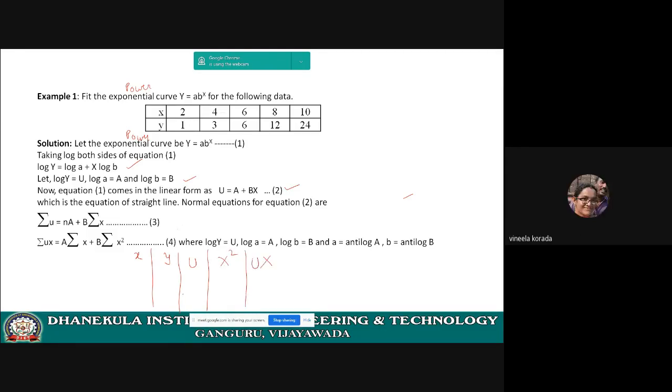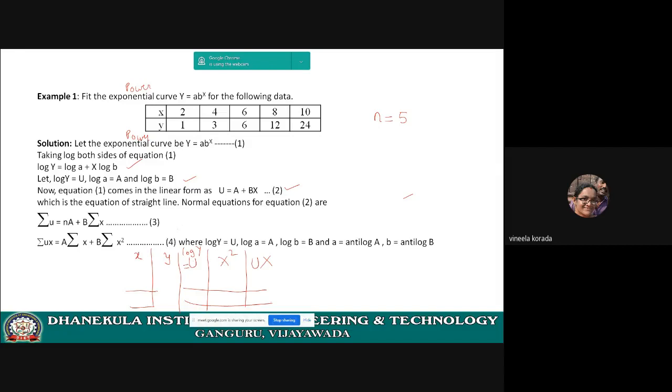Get me the total of all these: x and then all the remaining three. What is u always? Log y. That is why you're not calculating the total of y. What is n here? N is 5, the number of observations.